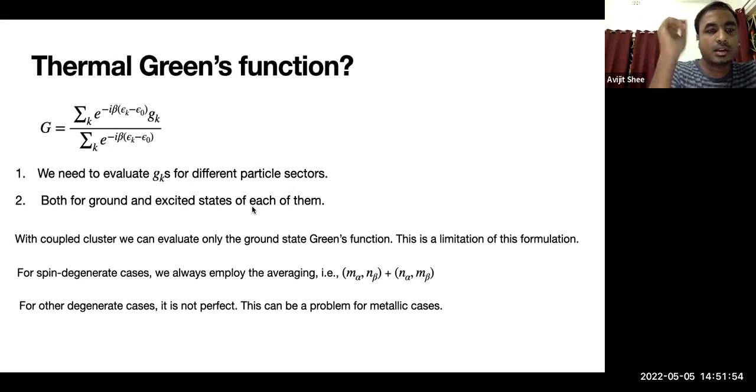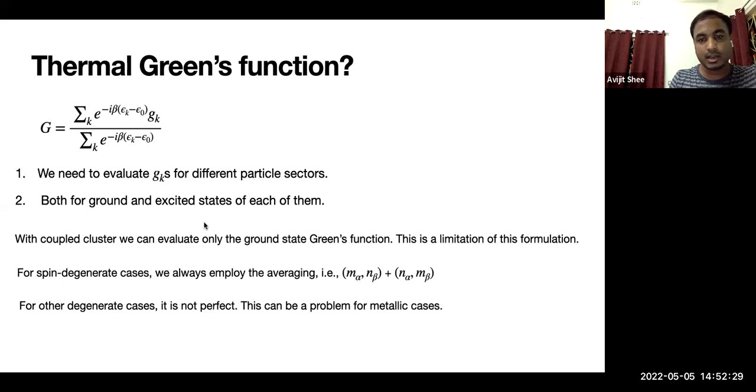The definition of a thermal Green's function is given by this Boltzmann averaging, where this small j means the Green's function for various particle sectors, and also for various ground and excited states of the particle sectors, which can be averaged together with the weight of the Boltzmann factor.